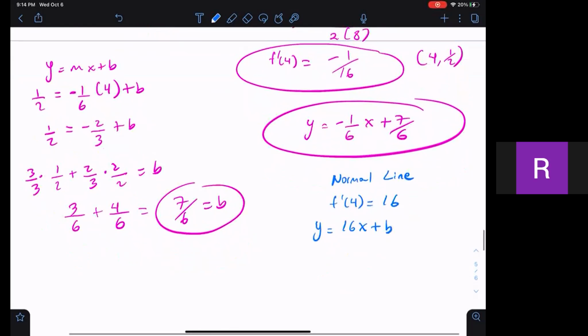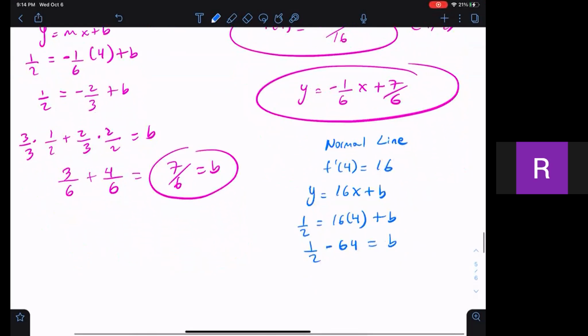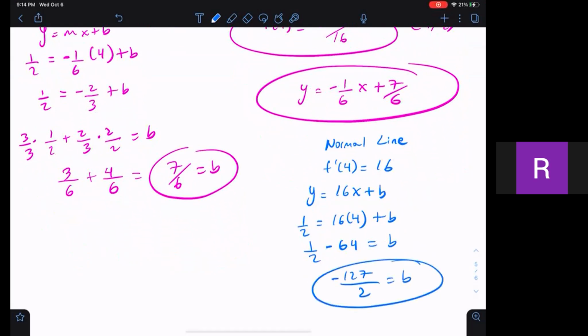Now you need to plug in 4 and 1/2 here. So 1/2 equals 16 times 4 plus b. So this is going to be 64 plus b equals 1/2. So subtracting 64 from both sides, we get -127/2, right? That's b. So y equals 16x minus 127/2. That's the equation of the normal line.